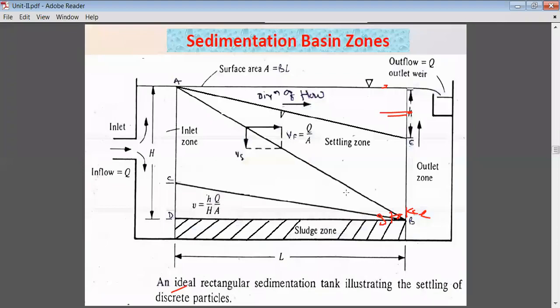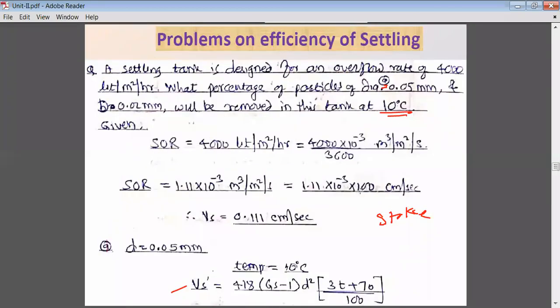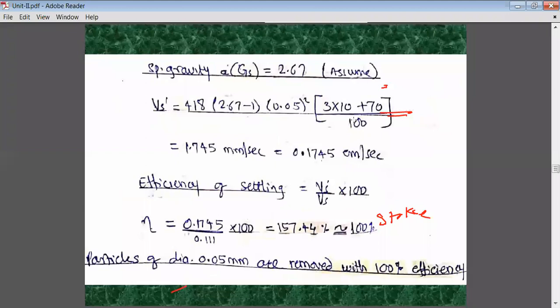Settling velocity of the particle, but I think they have not given the specific gravity of the particle. Is it given? Not given. So here let us assume the specific gravity of the particle as 2.67.